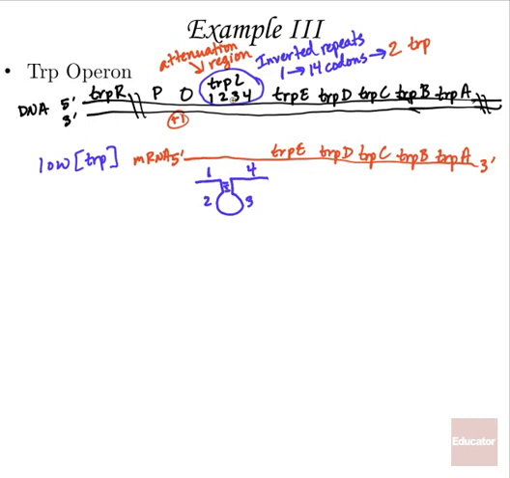Now, this leads to rho-dependent termination, okay? And this mRNA is over 6,000 bases long, and we know it's polycistronic because it has all these genes. Okay.